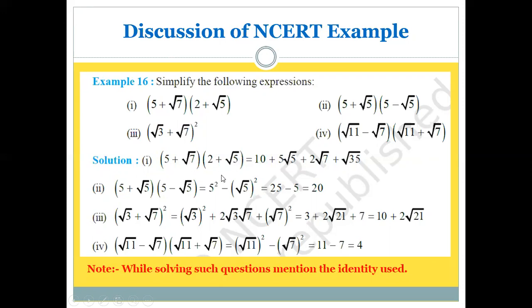So 5 times 2 is 10, and 5 root 7 times root 5 becomes 5 root 5, and then root 7 times 2 becomes 2 root 7, and root 7 times root 5 becomes root 35. So this is the example of the use of identities here, right? So examples 2, 3, 4, all these examples have been solved, and the application of identities we have here.